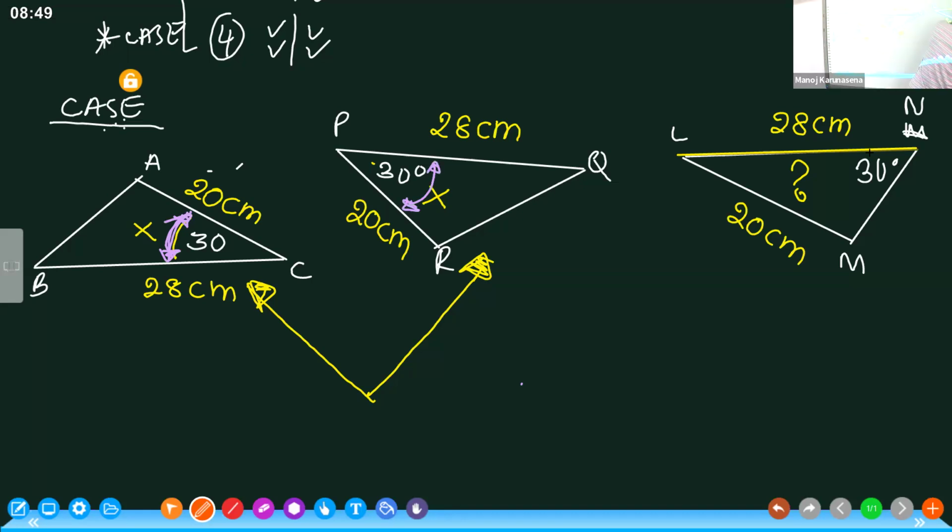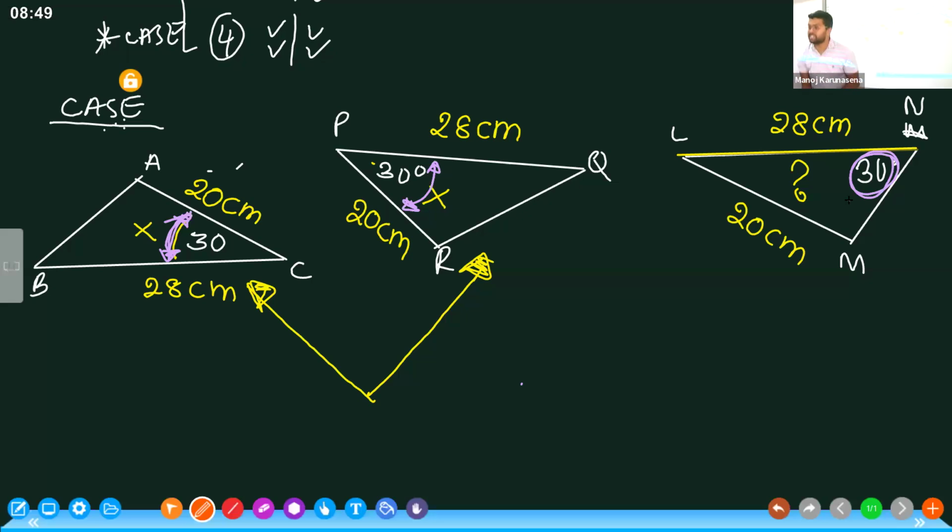Now when it comes to this triangle, it is not the included angle of the two sides given. Am I clear enough? Now again coming back to the beginning of this lesson: if two triangles are congruent, all the 6 elements of this triangle should be equal to all the 6 elements of the other triangle.